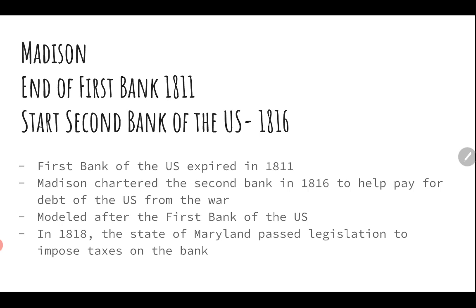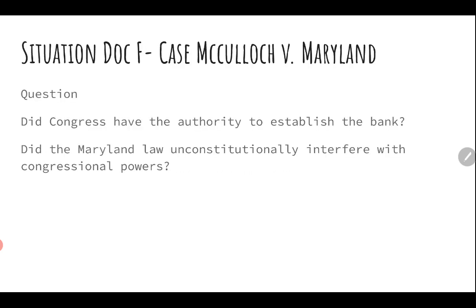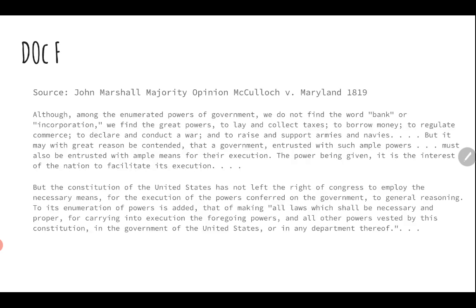So Maryland is going to pass legislation where it tries to tax the bank. So now our guy, John Marshall, in the Supreme Court has to answer the question: did Congress have the authority to establish the bank, and did Maryland unconstitutionally interfere with congressional powers? And John Marshall, you can take a look at the document, Doc F. It's one of the things in the DBQ.